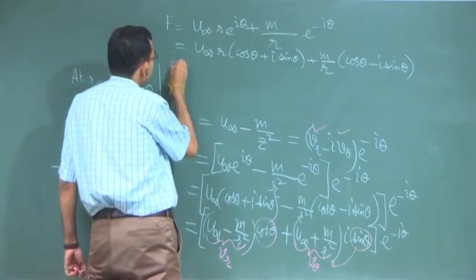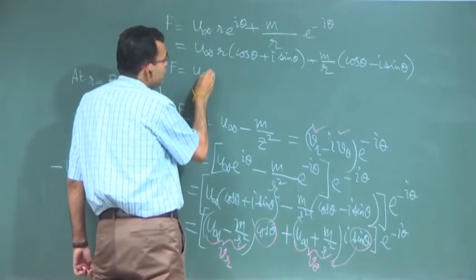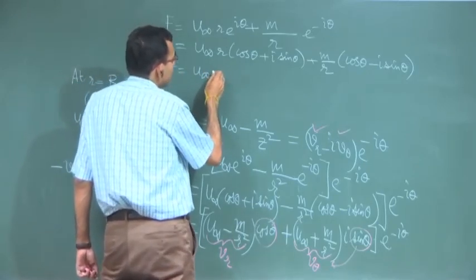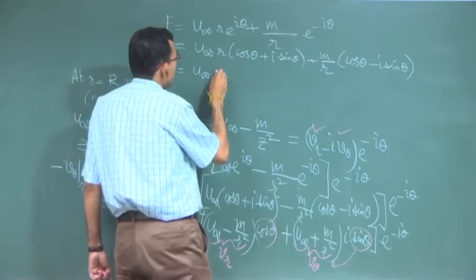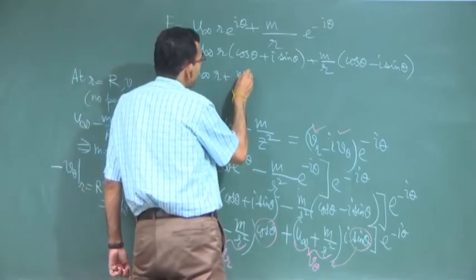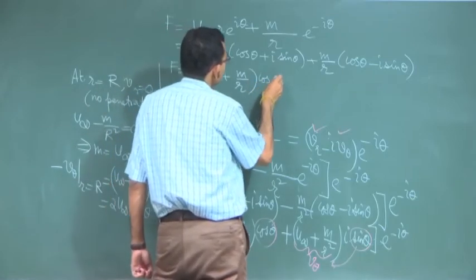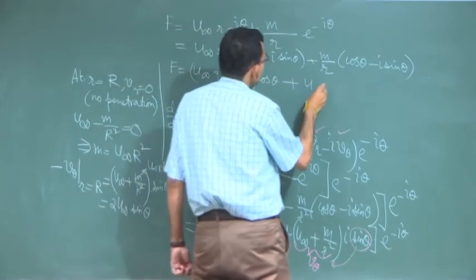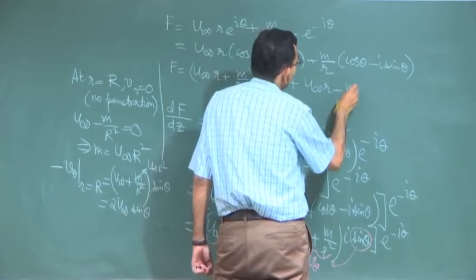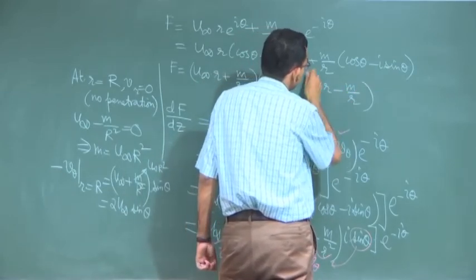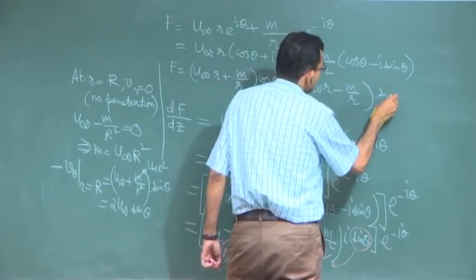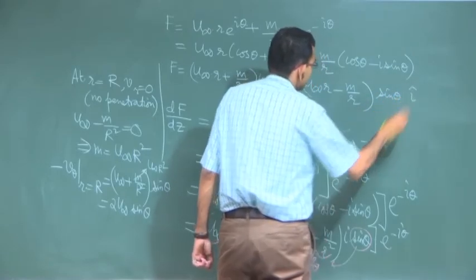So, f will be u infinity r plus m by r cos theta plus u infinity r minus m by r sin theta into i.